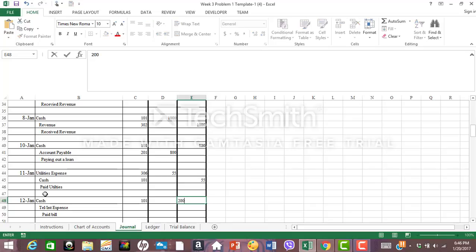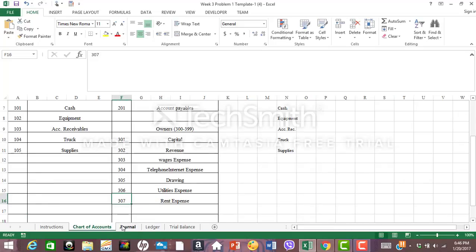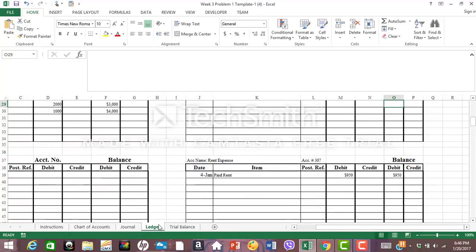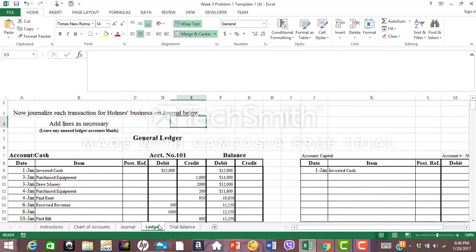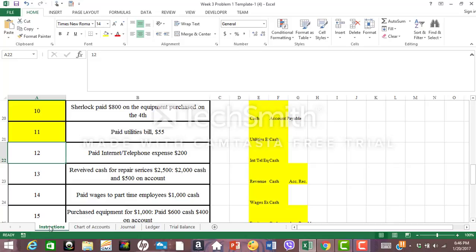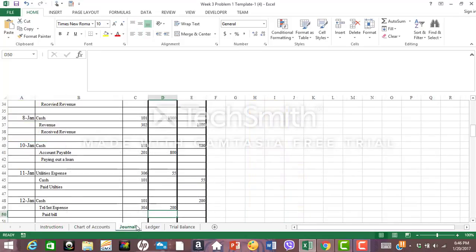It is for $200, would be credit cash. Telephone expense, it is 304, and it's for $200. And then we go here, we go up to cash, and we do January 12th. I believe it was January 12th, but let me make sure because sometimes, yep, it is January 12th. Good. Okay.